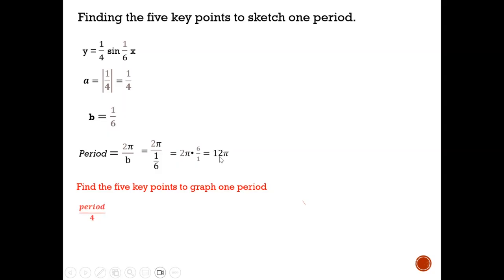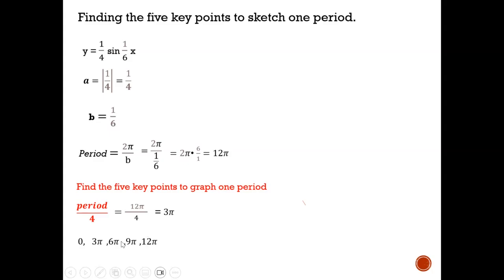So we divide the period by 4. The period is 12 pi, so 12 pi divided by 4 will give us 3 pi. So we're going to be counting by 3 pi. We start with 0, 3 pi, 6 pi, 9 pi, and 12 pi. Now, if the 5th point is not the period, it means we did something wrong. So this is how you can check.